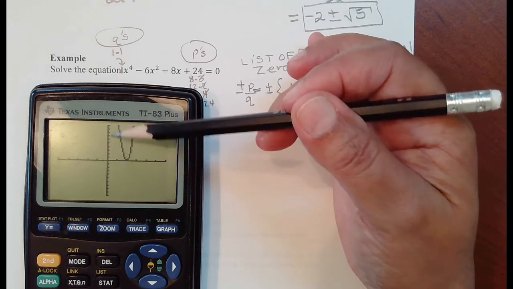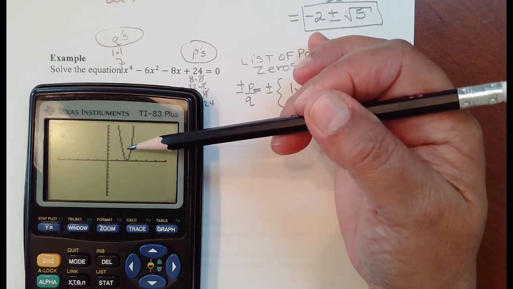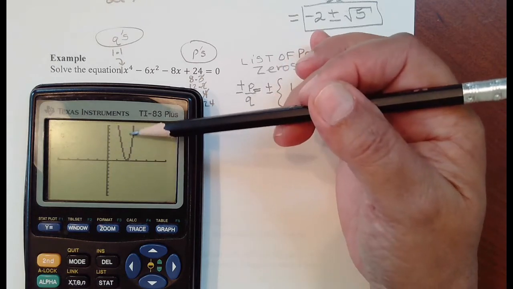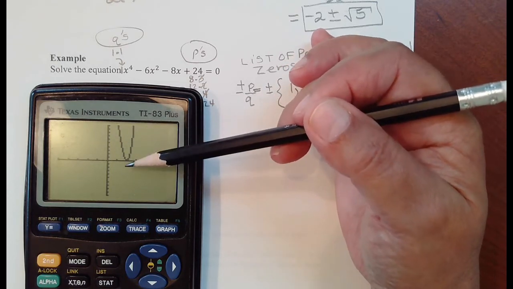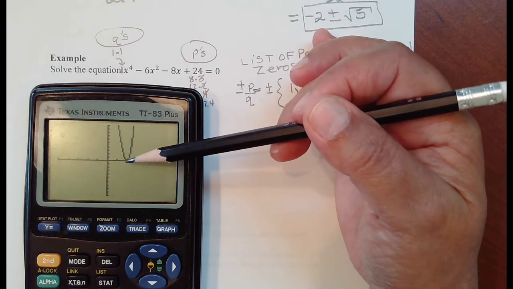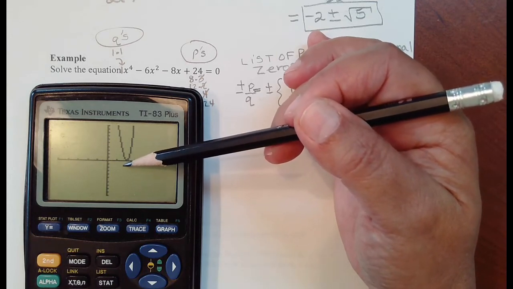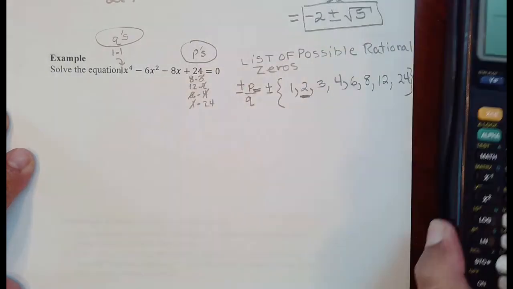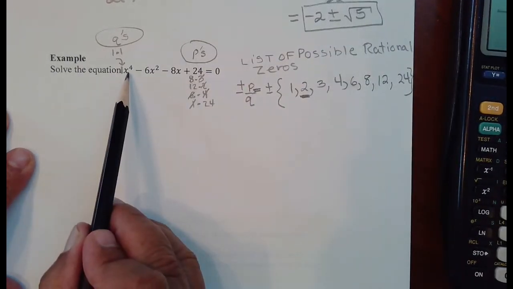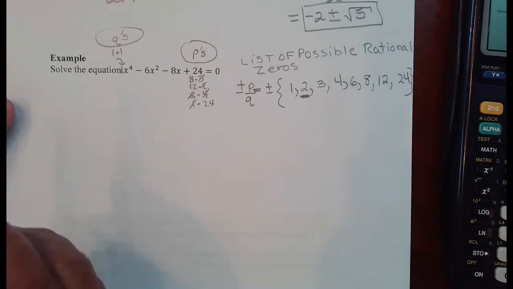It means that that solution repeats more than once. It repeats twice here when it has an even multiplicity. So because you're seeing the number 2, that means that the 2 would come up twice as a solution. So that means we're going to use it twice in the synthetic process, not just once, because there's got to be more solutions. You have 4th degree, you need 4 answers.